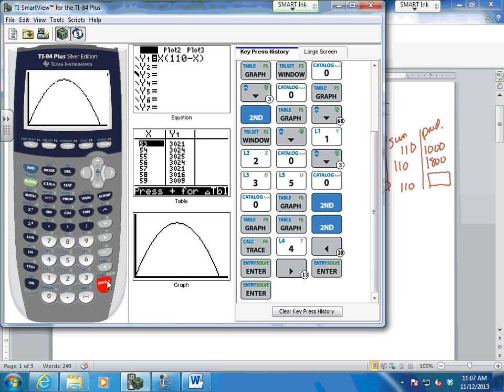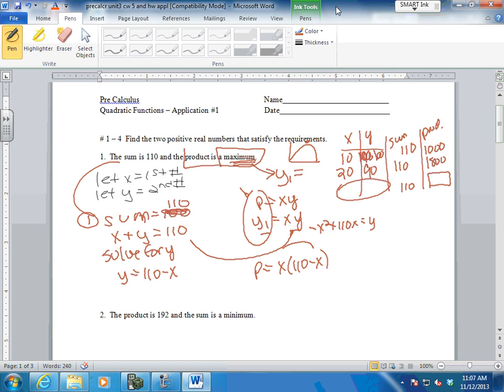And there's my maximum. At 55, 325. And that was in my table. I just didn't quite see it. So my maximum point here is at 55, 3,025. This is my y1. This is my product. This is my x. See what that y gives me?